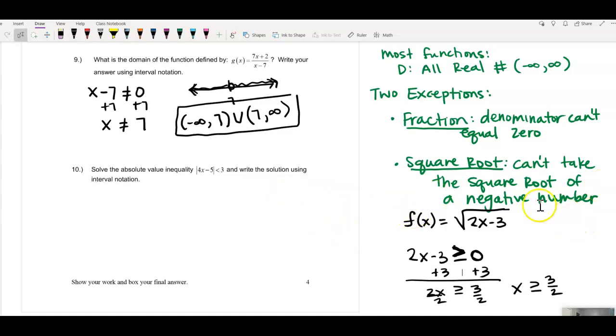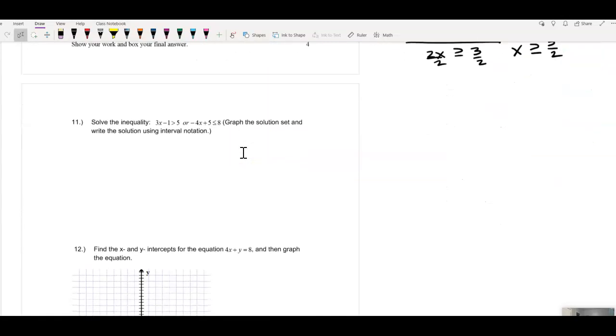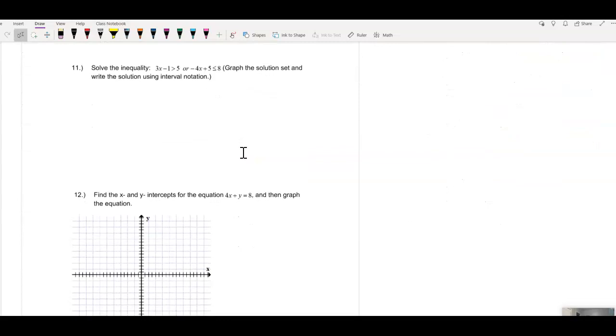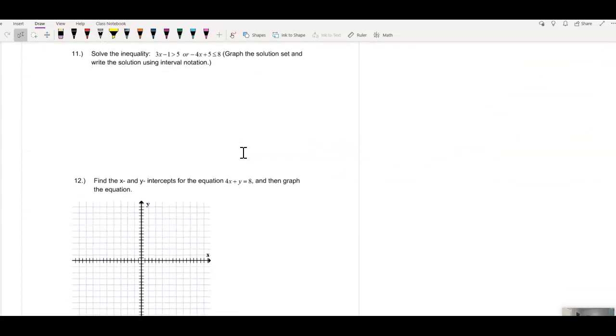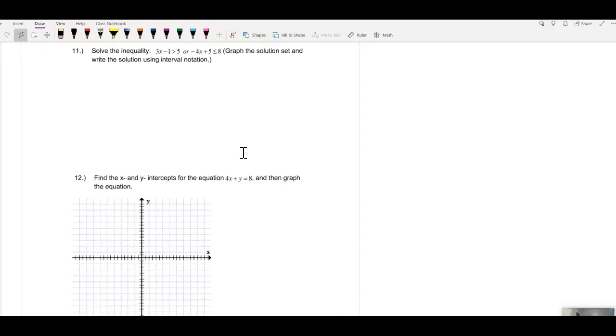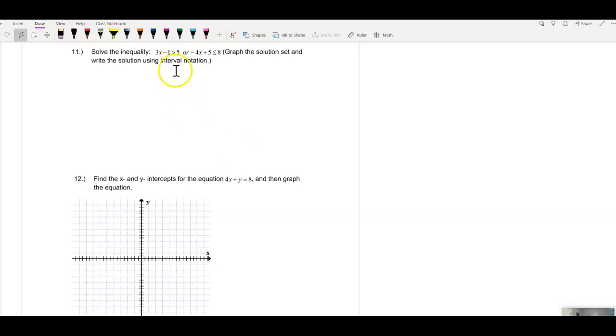All right. What other ones here? We just did one like number 10, so I'm going to kind of skip that. Just look through here and see which ones you feel like you need help with.